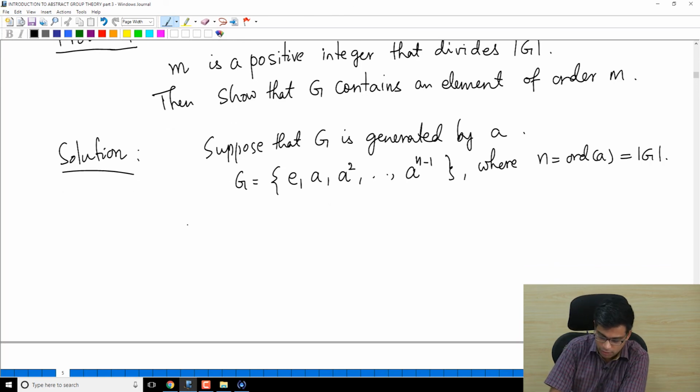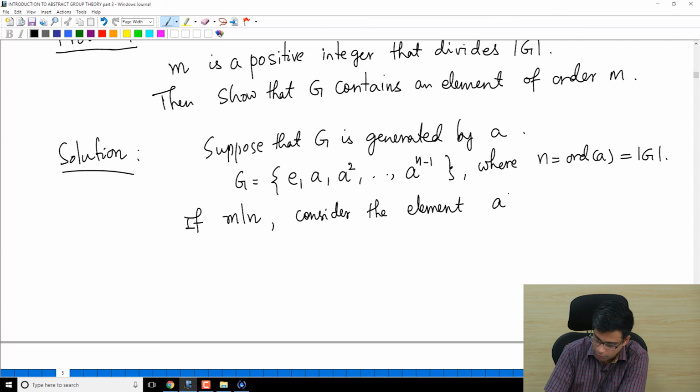And if M divides n, consider the element A power n by m. See that because m divides n and m is a positive integer, n by m is also an integer. So A power n by m is a valid element of the group. It's A multiplied with itself n by m times.